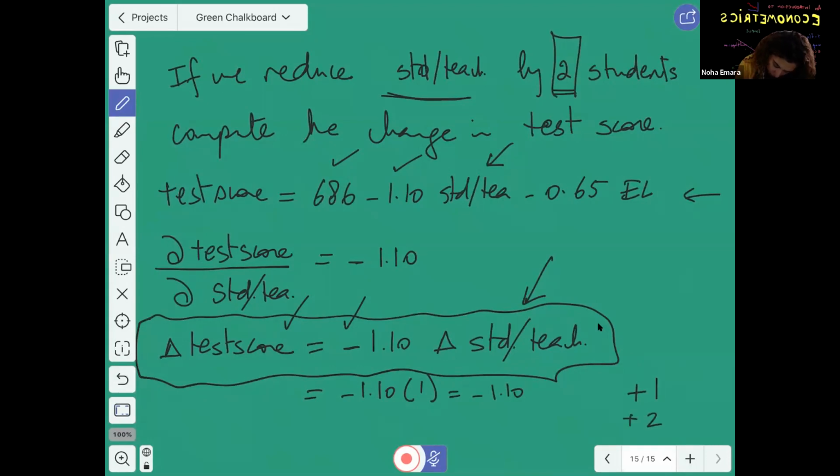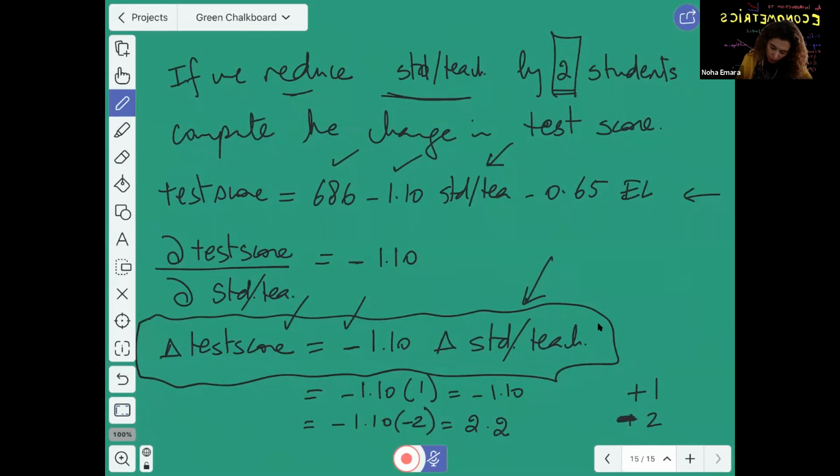And then it's actually reducing, so this would be negative, right? So this one would be negative 1.1 times negative 2, and the answer would be 2.2.